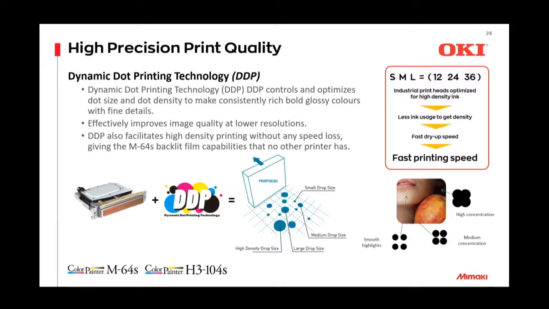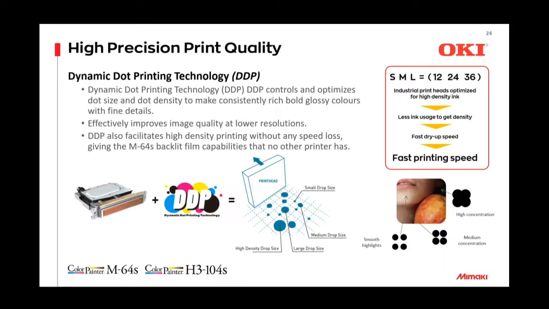That really gives us the control to get higher production speeds. The combination of high density ink and the 3 different drop sizes on the M and the H3 produces high density printing at high tone areas and less graininess at low tone areas. So it's a great combination.